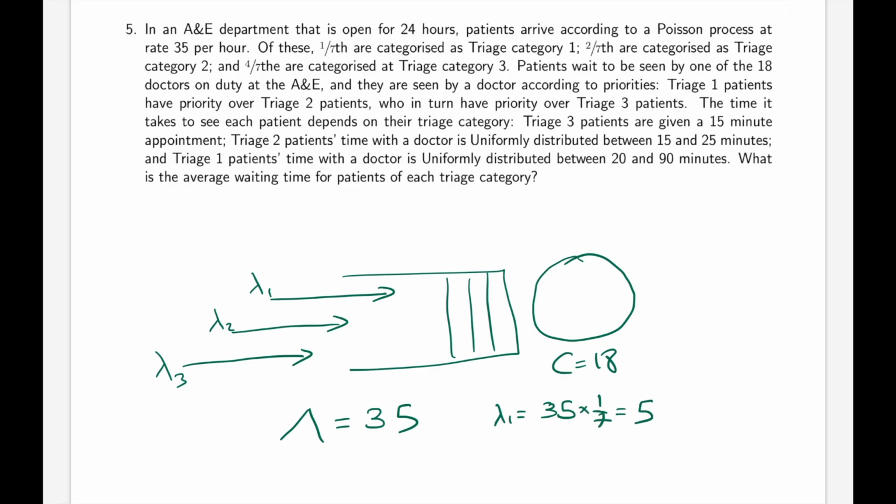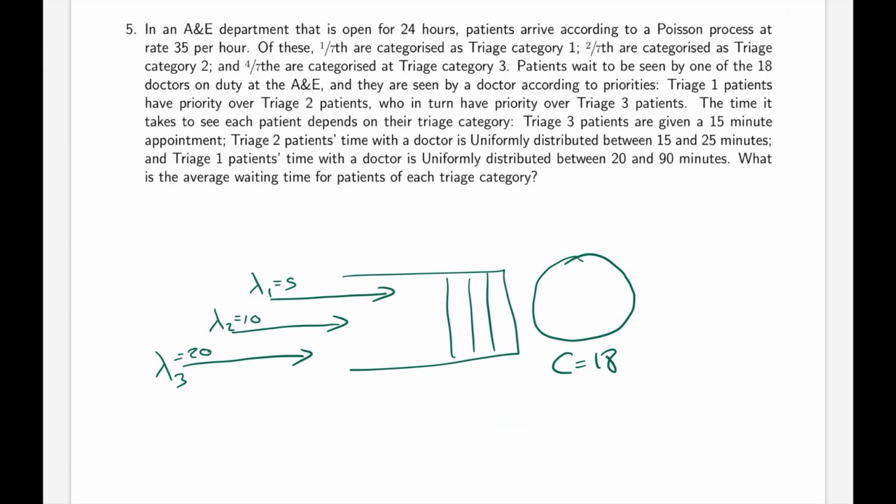So in this case, lambda 1 is equal to 5. Lambda 2, due to Poisson thinning, arrives with rate 35 times 2 over 7. And lambda 3, again due to Poisson thinning, arrives with rate 35 times 4 over 7. So we can write these in.